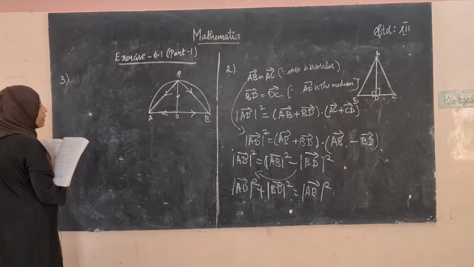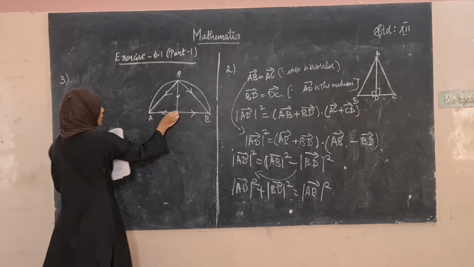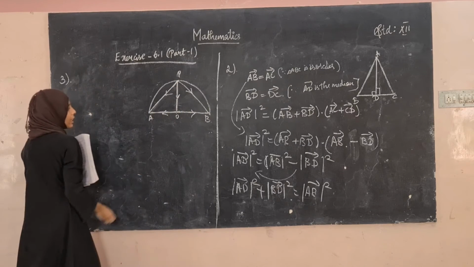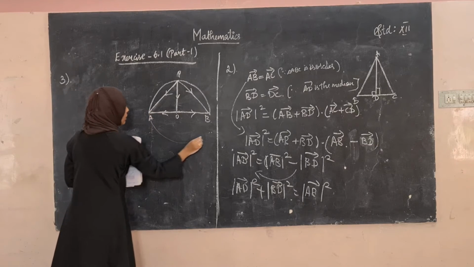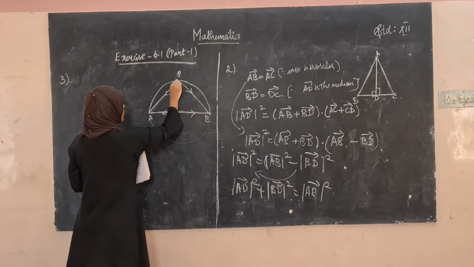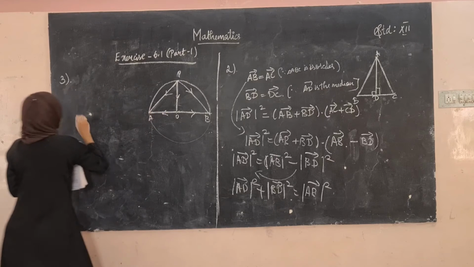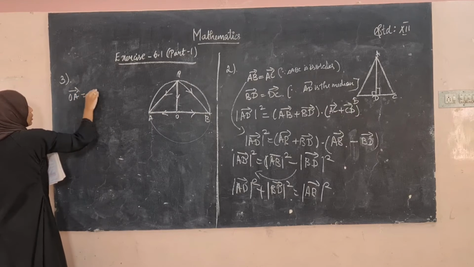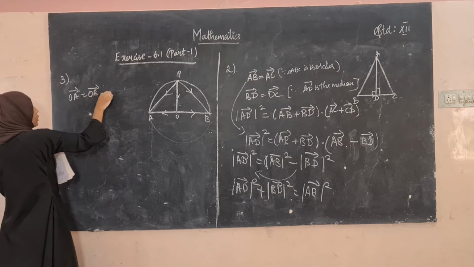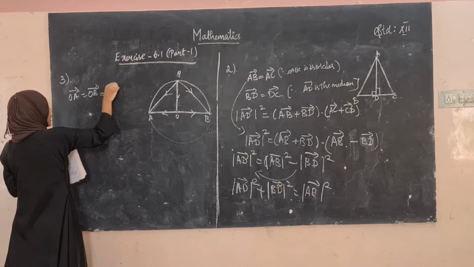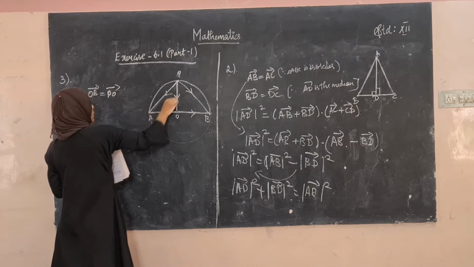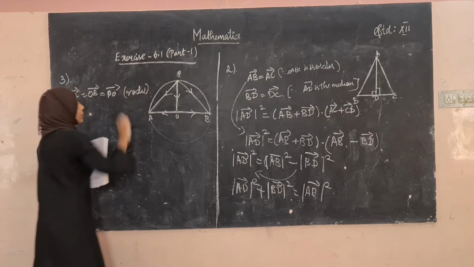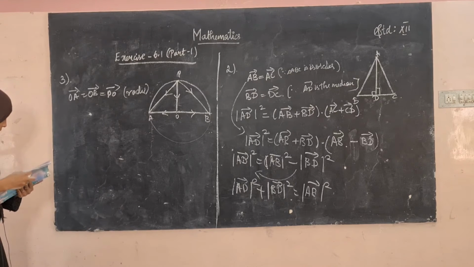Now we can say that these three things are the same because these are all radii, right? This is a circle, this is a radius, this is also a radius and this is also a radius. Therefore, OA vector will be equal to OB vector will be equal to PO vector. Yes, the direction is like this because they are all radii.